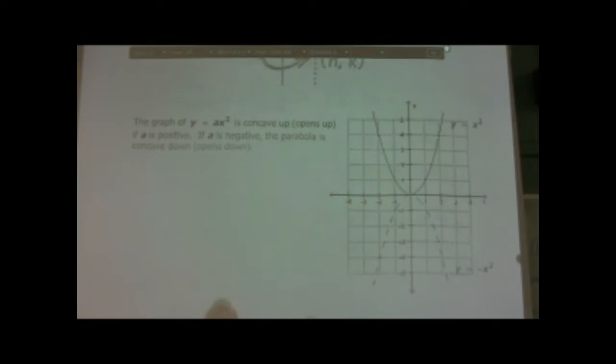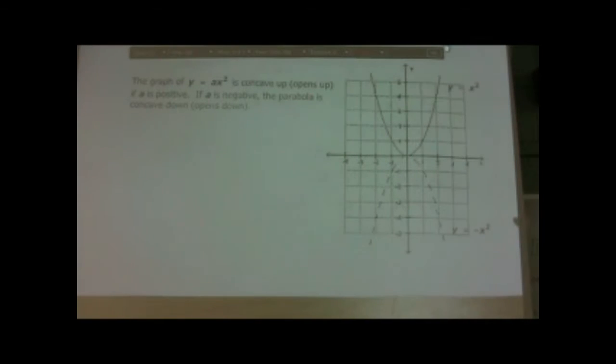All right, if we go down to the bottom graph here, this is the graph of y equals ax squared. It's concave up. Concave has to do with the curvature of an object. All right?